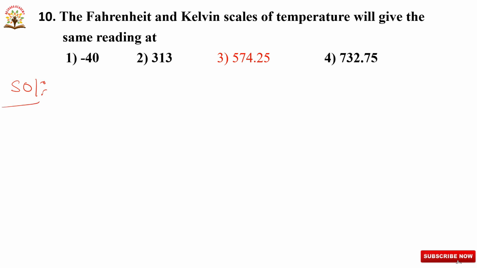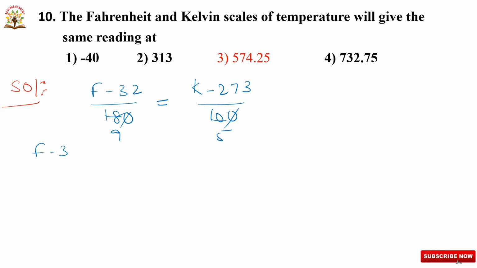The relation between Fahrenheit and Kelvin scales is (F minus 32) by 180 is equals to (K minus 273) by 100. 0 0 cancel, 2 nines are 18, 2 fives are 10. So (F minus 32) by 9 is equals to (K minus 273) by 5.